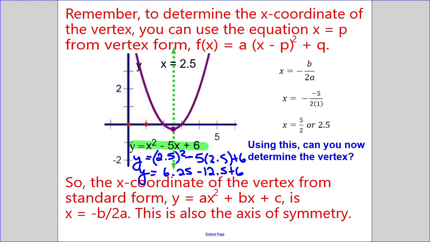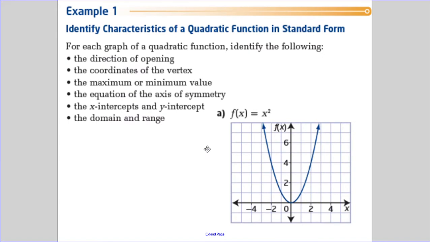It gives us a value for our vertex of 2.5 comma negative 0.25, which is what y would equal here. So we can plug that back in to solve for our vertex point.